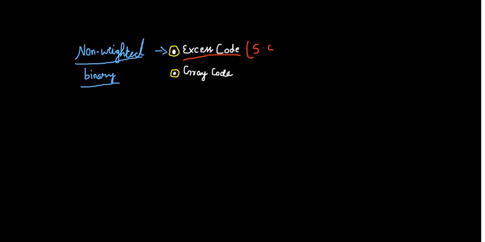Well, let me tell you this first and let's clarify it. I mention it here again because it also follows the fundamental definition of non-weighted binary. Non-weighted binary means there is no sequence of weight distribution, and that is exactly what happens in the Excess-3 code.